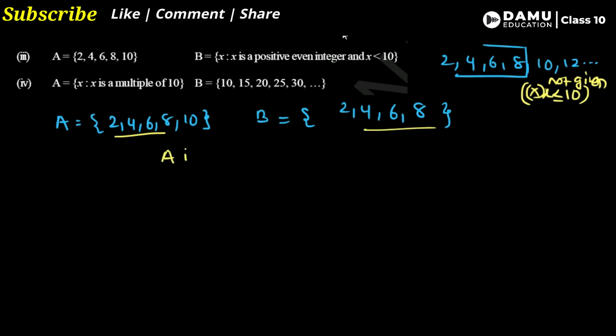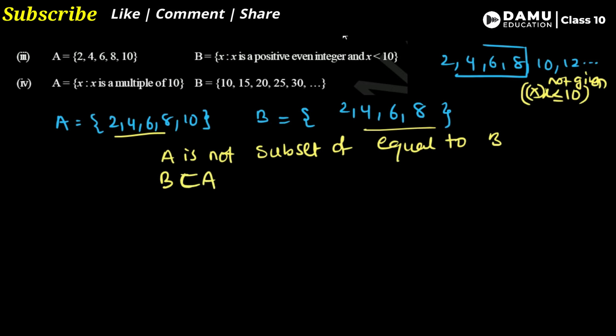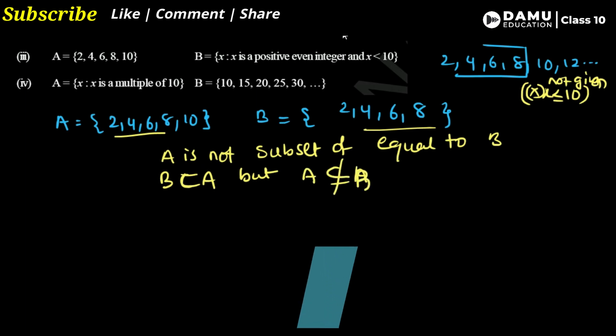A is not a subset or equal to B. But for 2, 4, 6, 8, B is a subset of A.